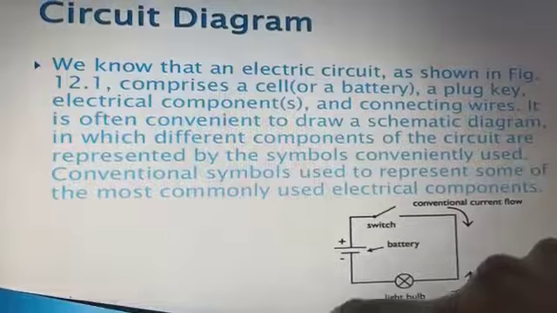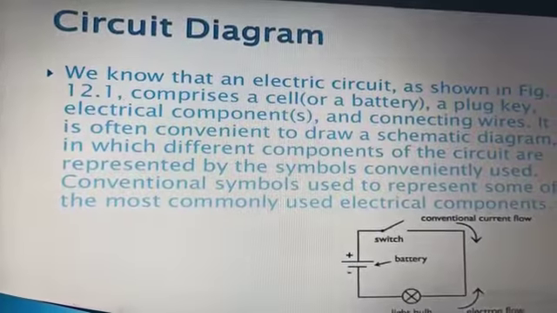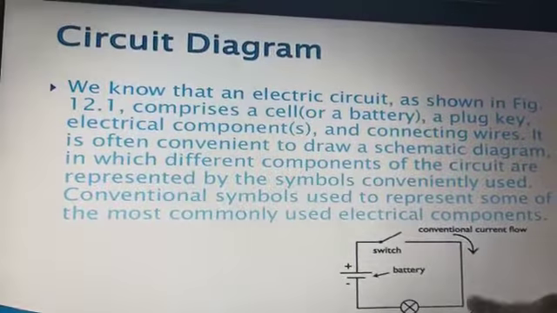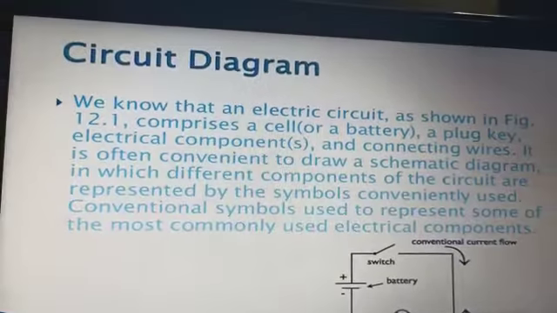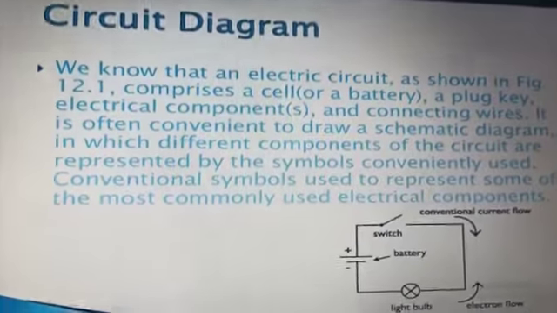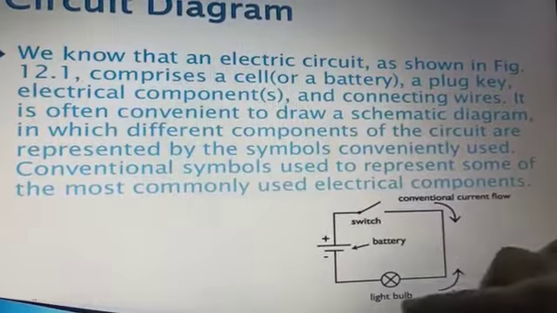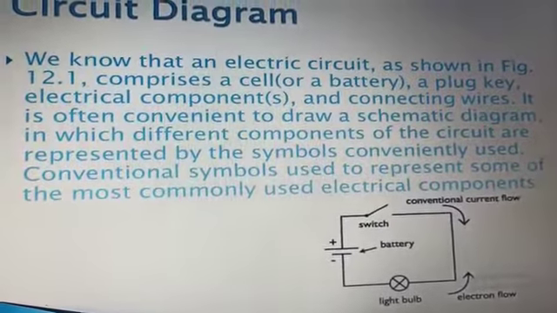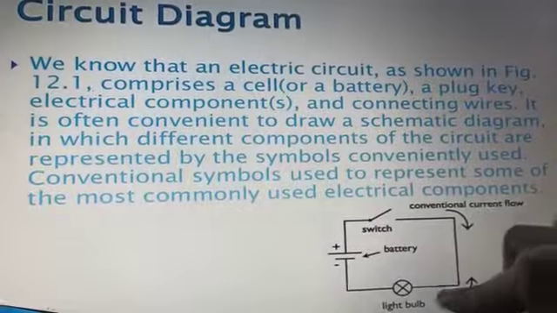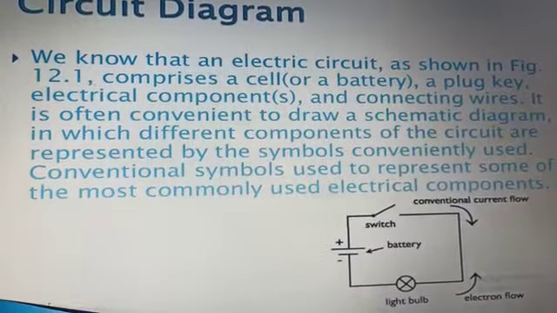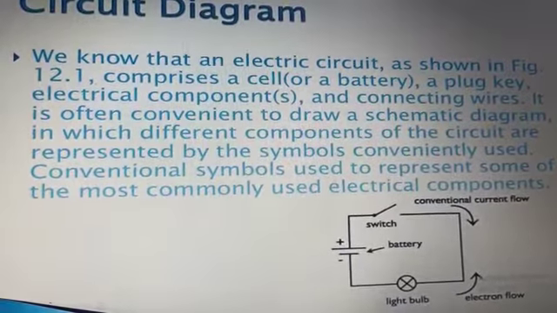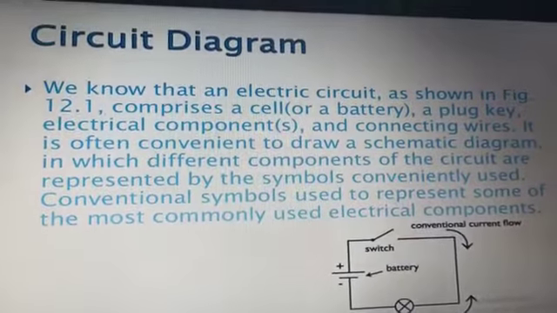But we are considering the direction of current coming out of positive and coming into the negative. This is accepted due to the conventional flow of current. It is called the conventional flow of current. So we consider the flow of current happening from the positive terminal into the negative terminal, opposite to the direction of the electron flow.